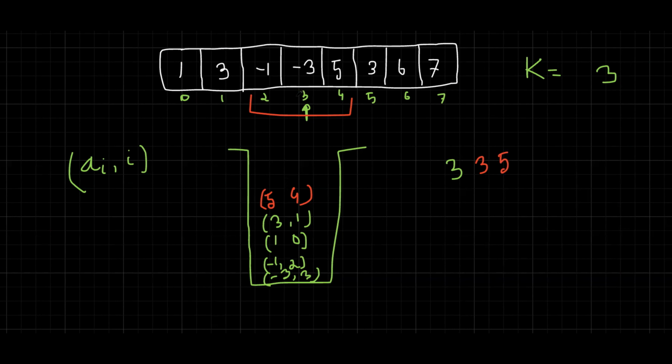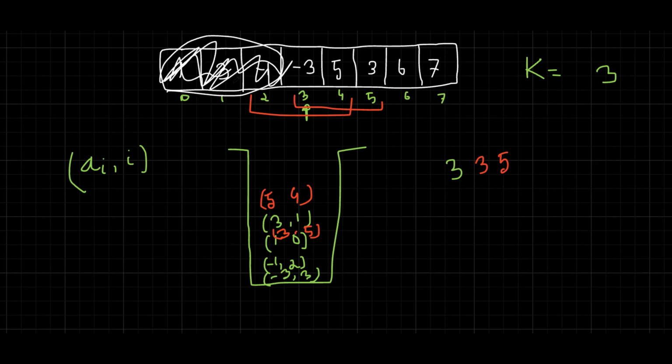Now our window is this, which is -3, 5, 3. So here we have to store the value of 3 and 5 as an entry in the priority queue. Now again we have to check whether the top element currently belongs to this portion or not.